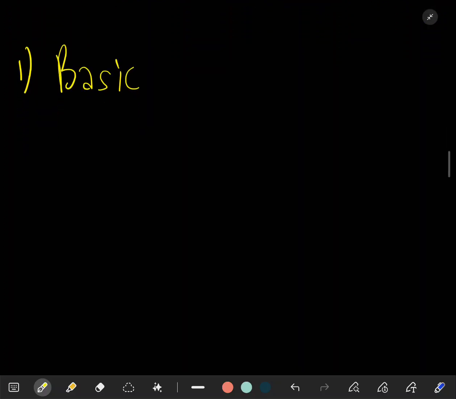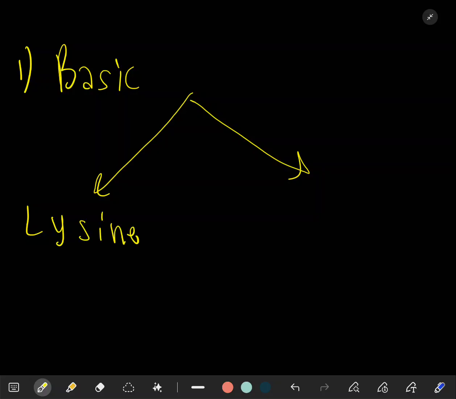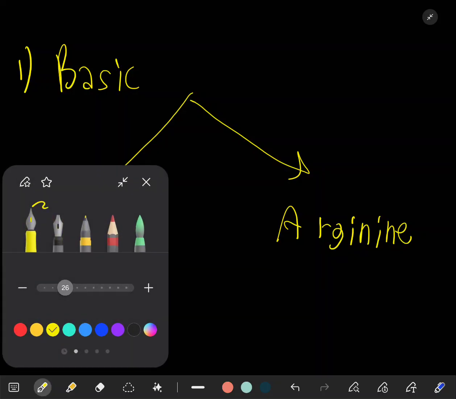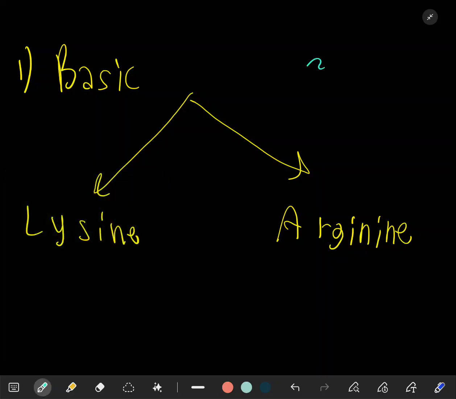So if you guys remember, in basic we study two. There are two basic amino acids, and these are lysine and arginine. Both are essential.